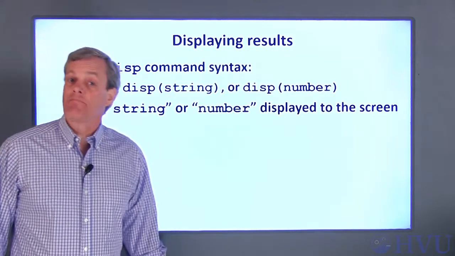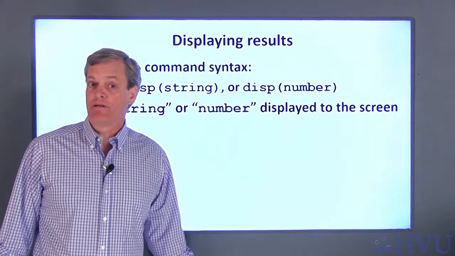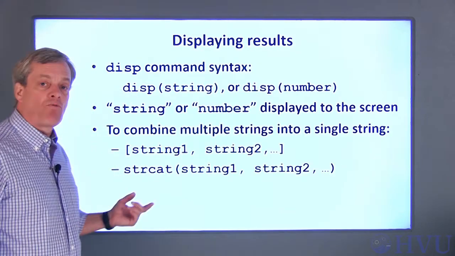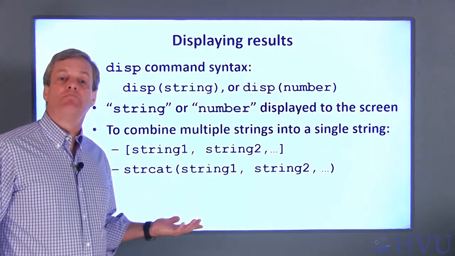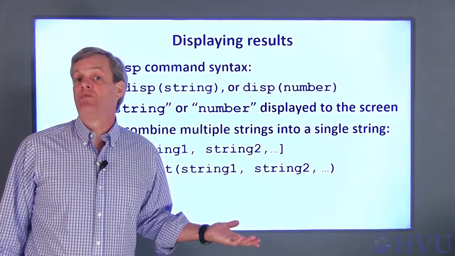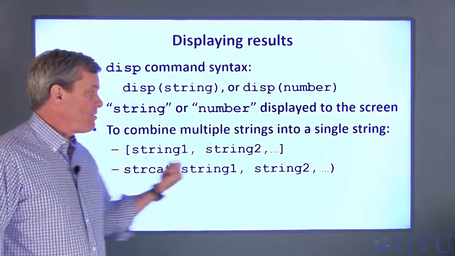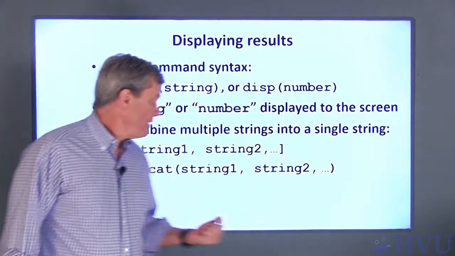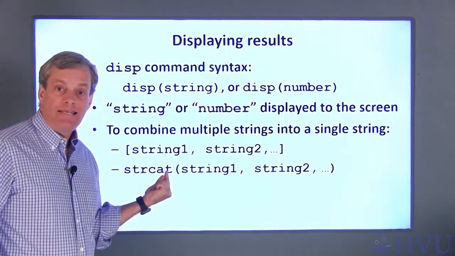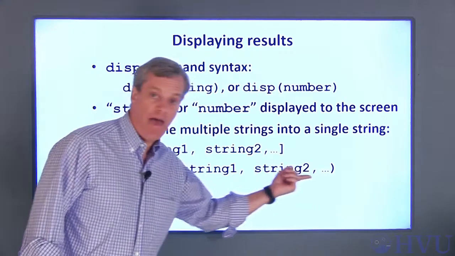Sadly, you can't mix strings and numbers in a single disp argument. But you can get around that problem by combining multiple strings into a single string. There are two easy ways to do this. Just put a list of the strings within square brackets, or use the strcat command with a list of the strings as an argument to the command.